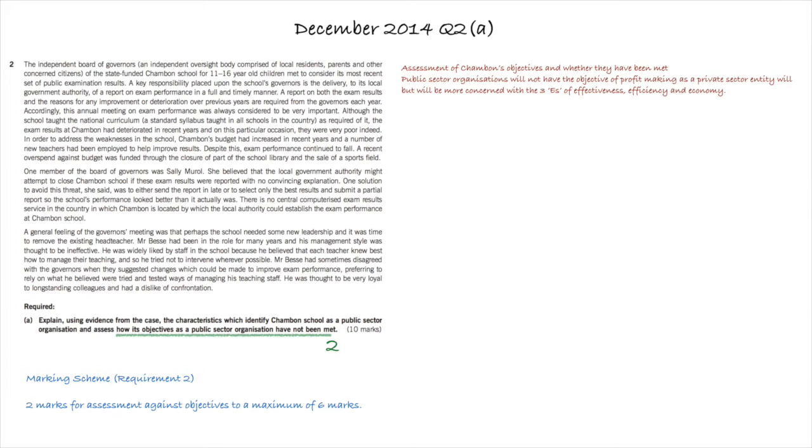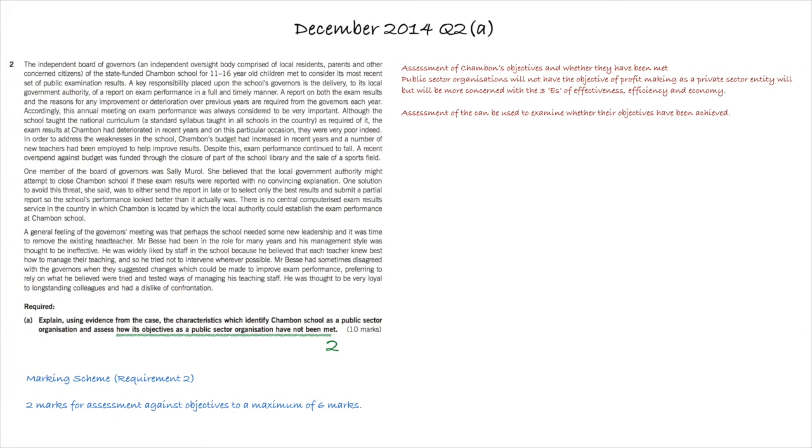So explaining that to the examiner, we will say public sector organisations will not have the objective of profit making like private sector entities will, but will be more concerned with the 3 E's of effectiveness, efficiency and economy. So we'll assess them through this 3 E's model.